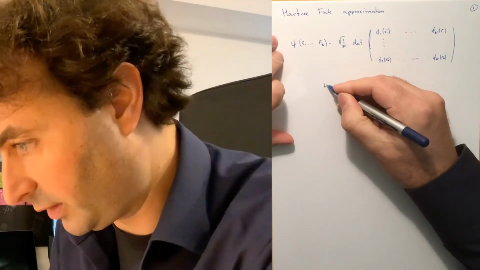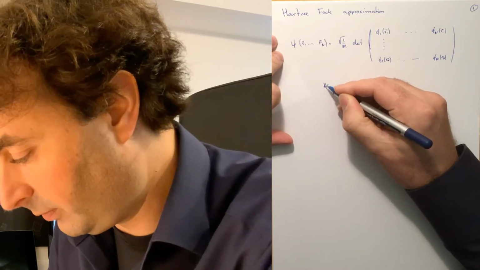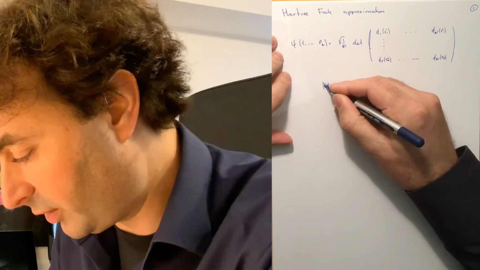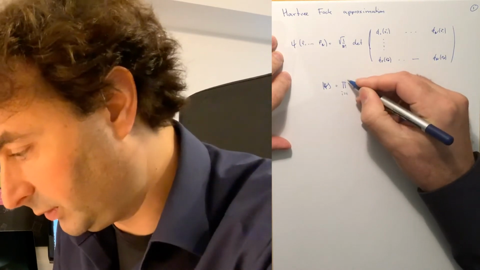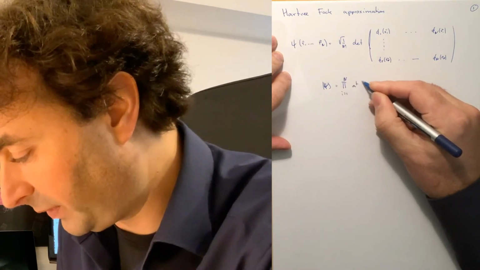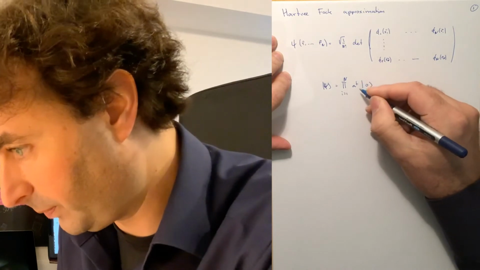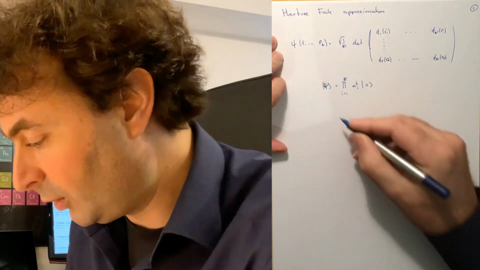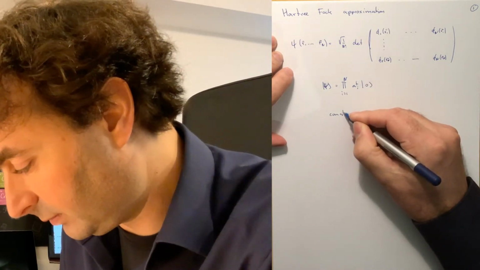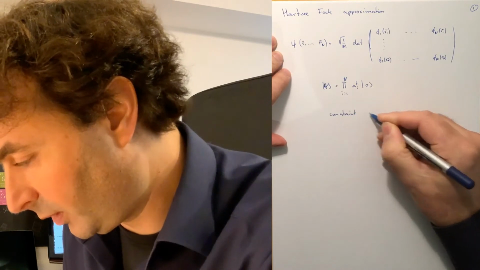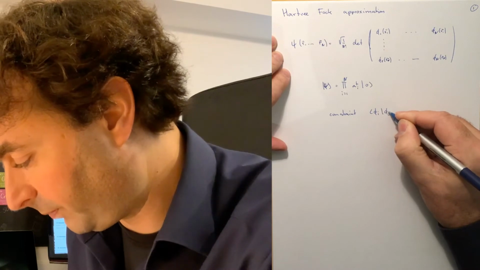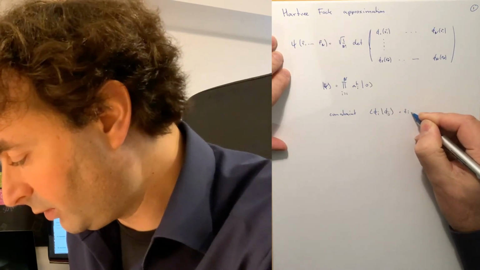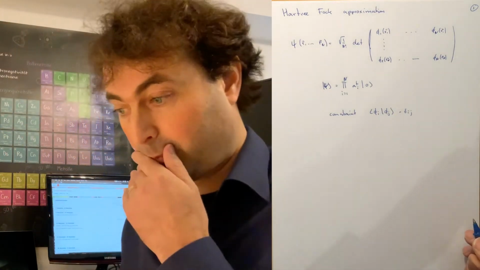Or in second quantization, we look at a state with the lowest energy that we can write down as a product of creation operators out of the vacuum, under the constraint that the one particle orbitals or one particle wave functions form an orthonormal set.